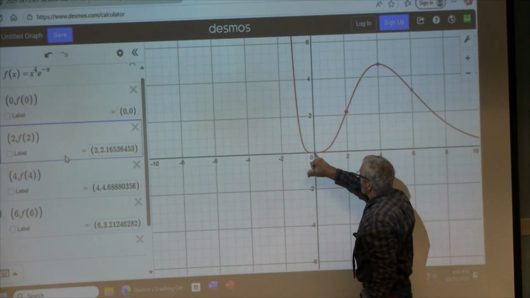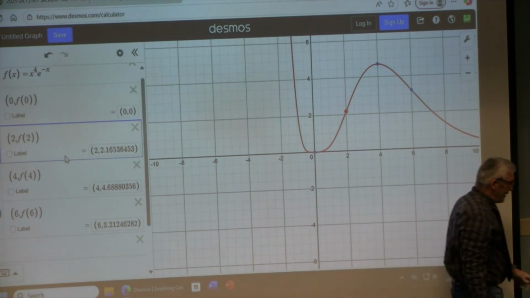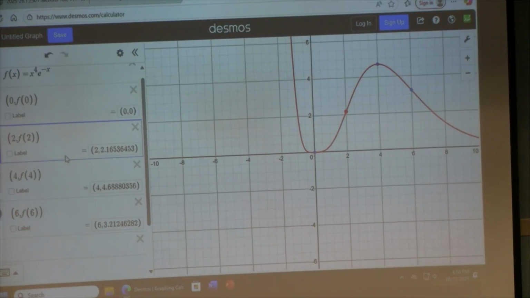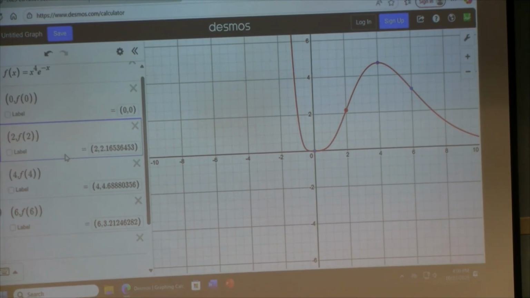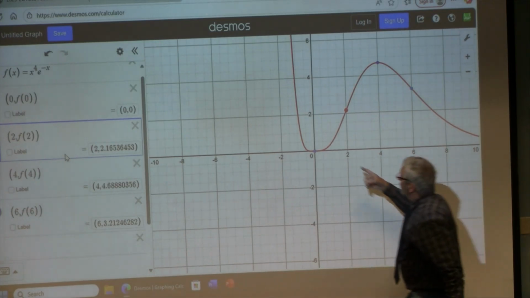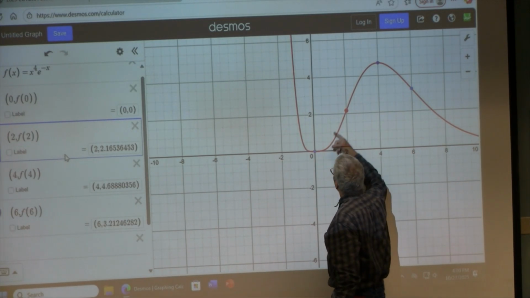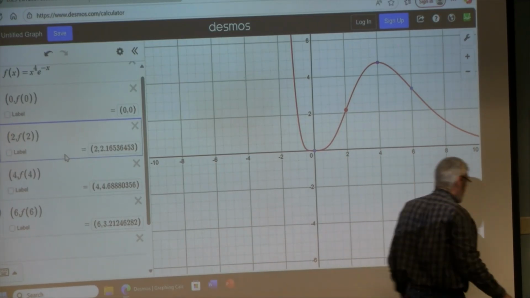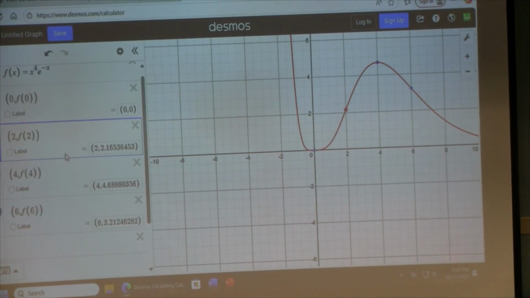Now look over here. Remember I said the concavity test tells us that the function is concave up from negative infinity to 0, and then again from 0 to 2, at least. But in fact, we can see that the function is concave up on this whole interval. So actually, we can do better.